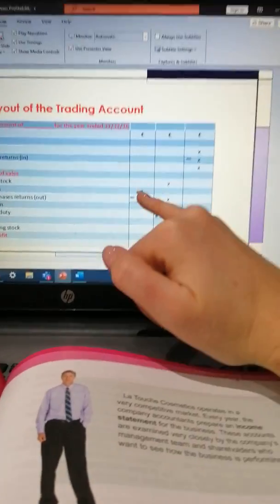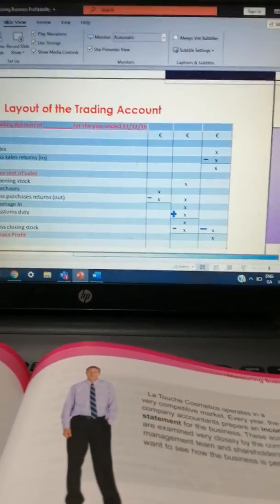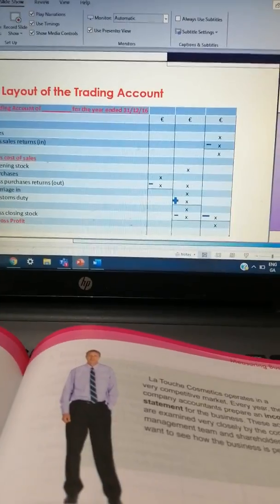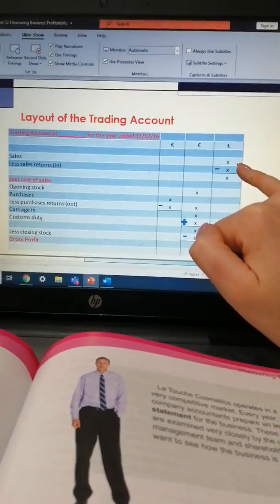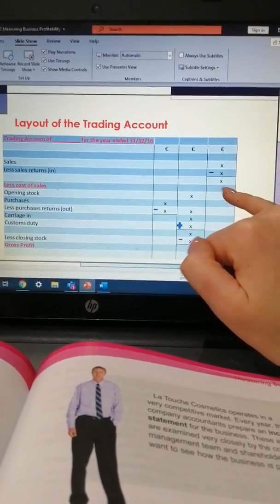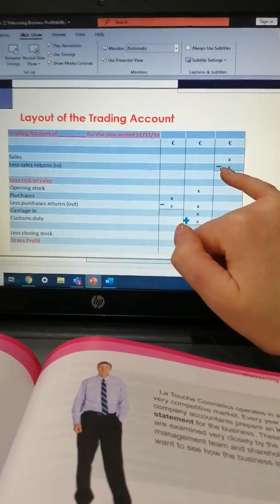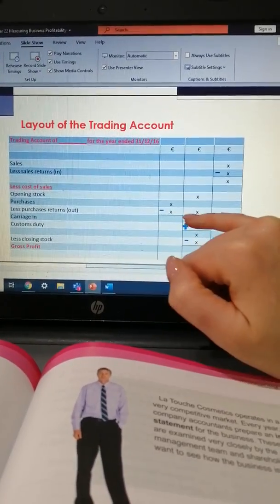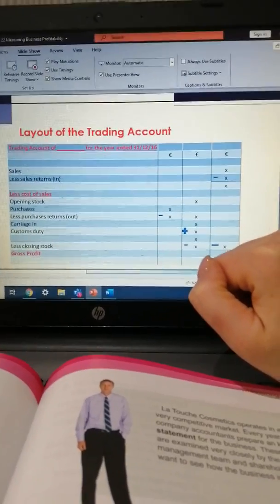Then if you look to this side here, we have 3 columns. Where the numbers go, you just have to learn. So sales and sales returns, the first 2 will always go in the 3rd column, and it will always be sales minus sales returns equals. Where the X's are is where there's meant to be numbers, and the symbol represents whether you minus or plus the numbers.